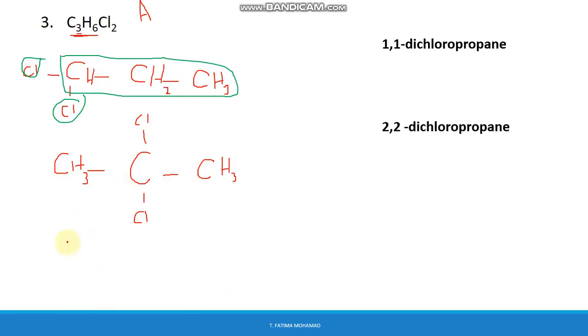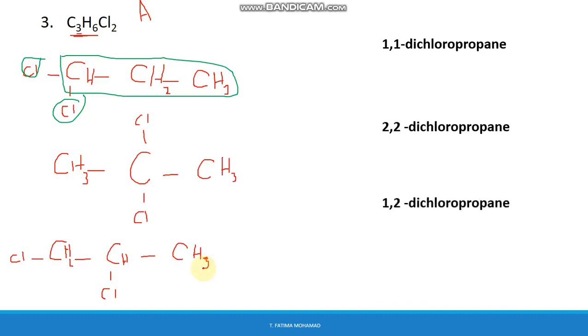The third one, for example: where can we put Cl? We can put one on the first carbon and one on the second carbon. Here it needs 2H, here it needs 1H, and here it needs 3H. So the name of this alkane is 1,2-dichloropropane, because it's on 1 and 2.